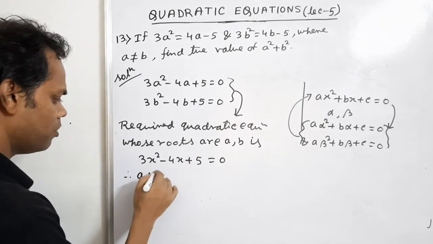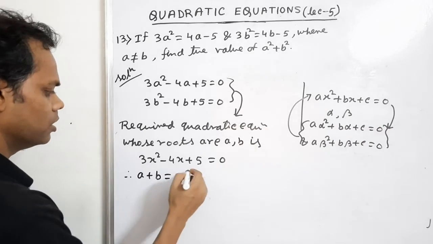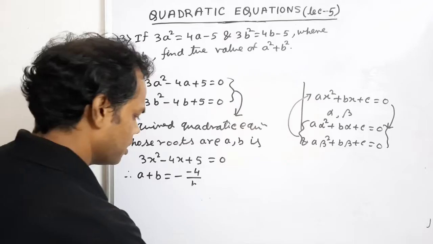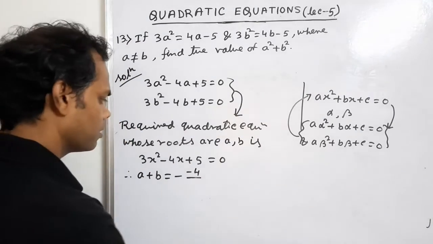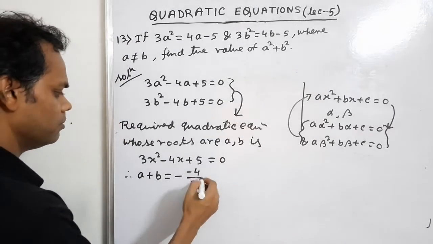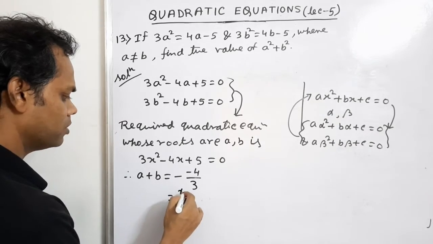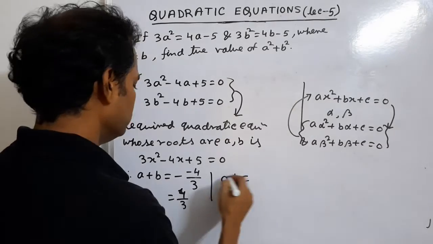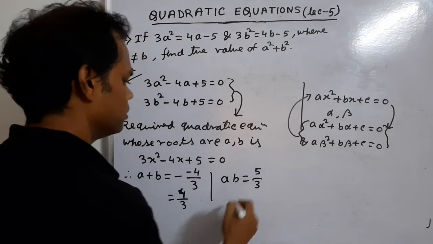Therefore the sum of roots is equal to minus b by a. Here b is minus 4 and a is 3, so a plus b is 4 by 3, and the product of roots ab is 5 by 3.